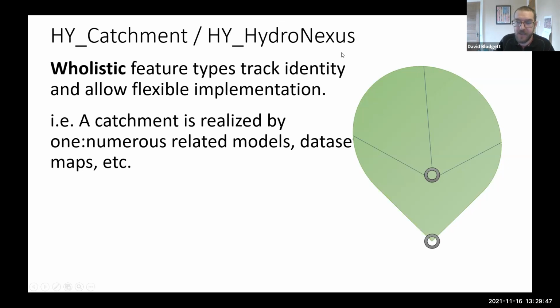And a catchment can be realized in various ways, right, for various purposes. And that's necessary. And that allows us to kind of step back from these problems. We decompose the catchment into multiple representations that can be used to solve different kinds of problems.